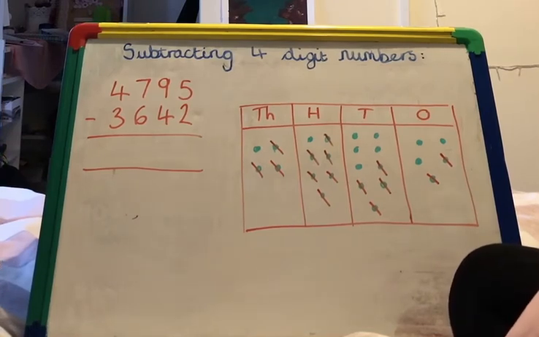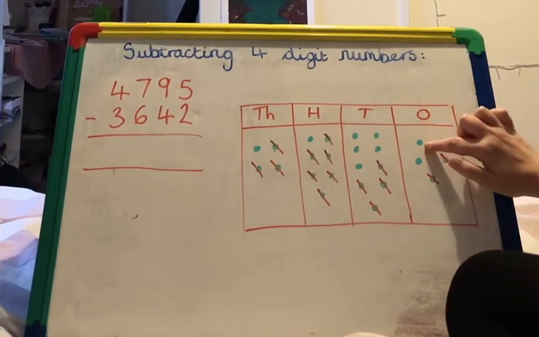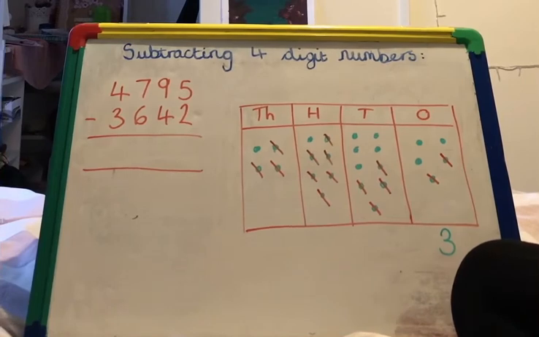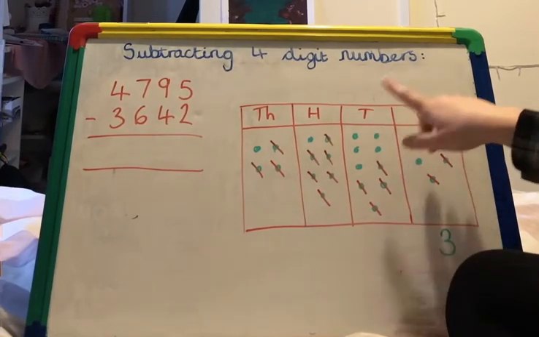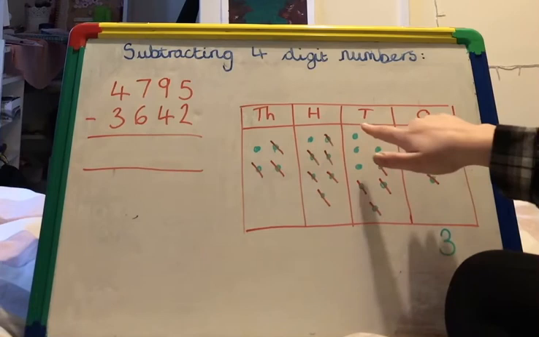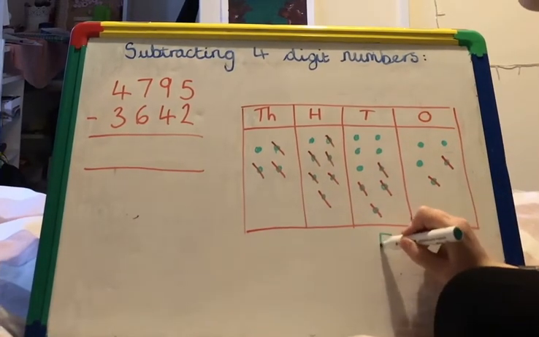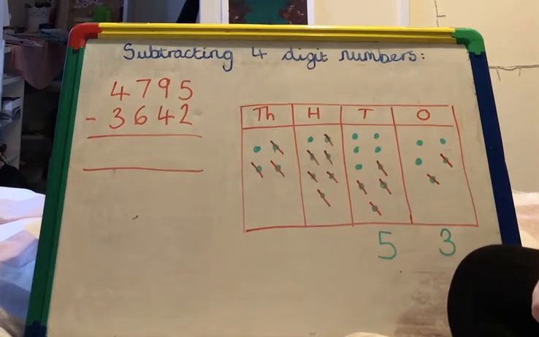So how many dots do I have left in each column that do not have a cross through them? 1, 2, 3. Let's go to my tens column. How many dots do I have left with no crosses through? 1, 2, 3, 4, 5. And onto my hundreds column, nice and easy.